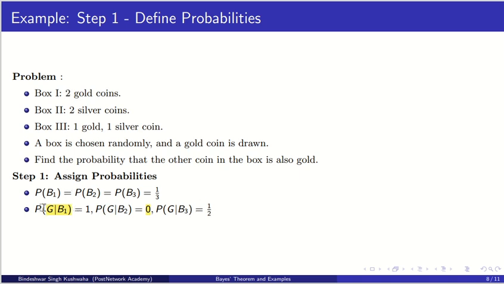Here it is 1 because there is only gold coin here, so its probability would be 1. And here there is no gold coin, so that is 0. And here one gold and one silver coin, that is half.